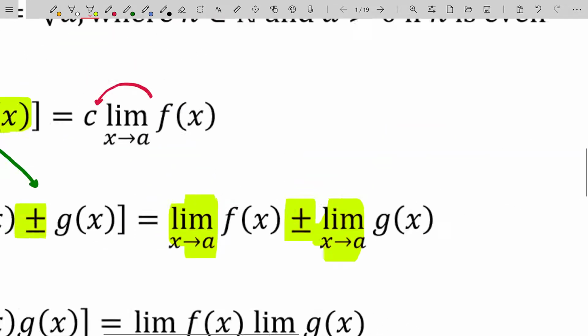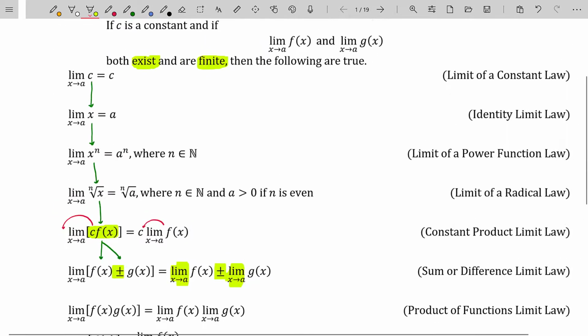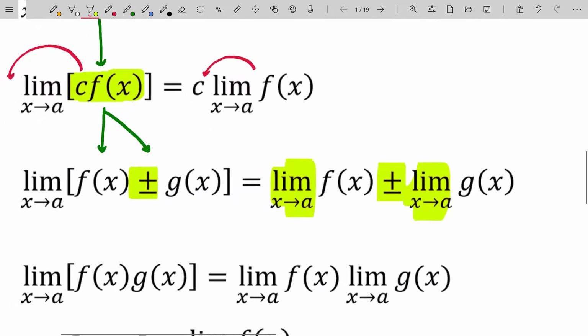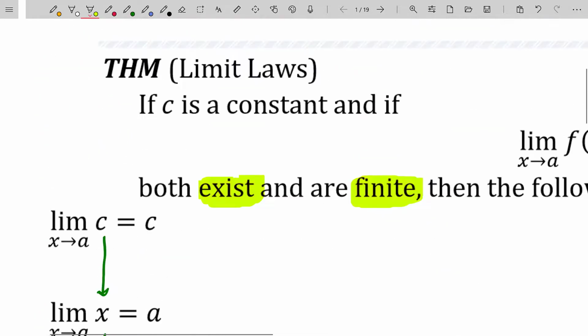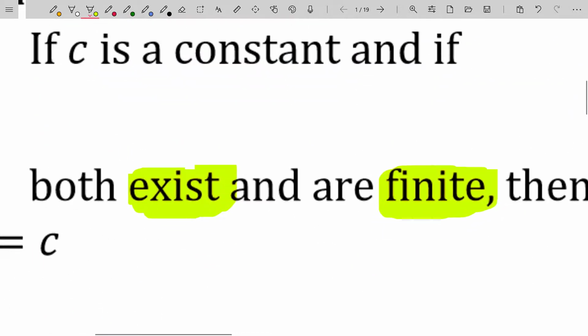And that would be the sum or difference limit law. That's a really nice limit law. And remember, all of these limit laws require that the two functions in consideration, their limits both exist and are finite. So this does not work if either of those limits are infinite or do not exist.